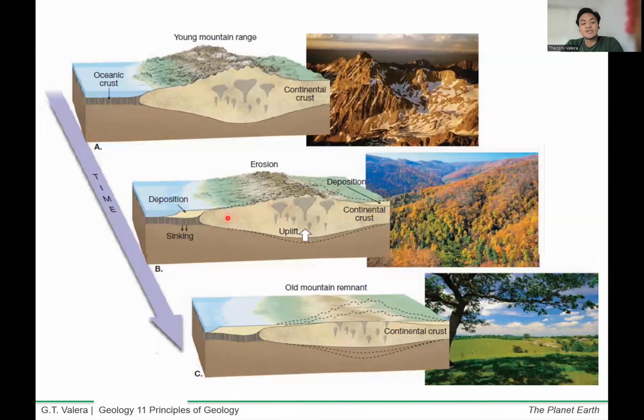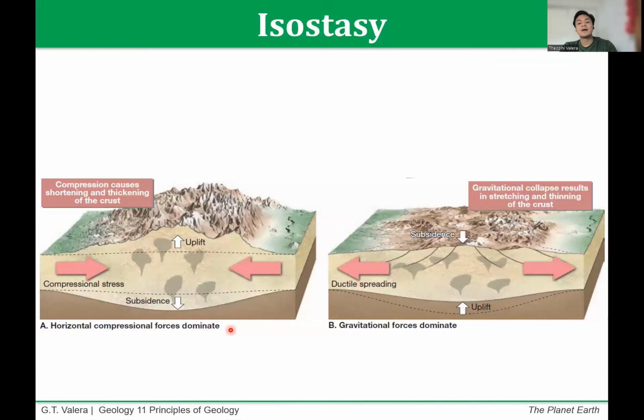So the asthenosphere through time also adjusts with the load sa taas, so that here, as you can see, yung kumbaga root ng lithosphere natin gets less and less deep dito sa old mountain range, whereas it gets deeper kung saan nade-deposit yung new material. And we can see that, so ito yun siya.